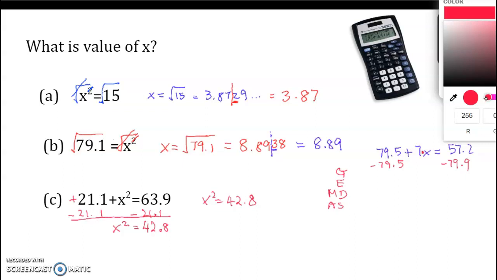How do I figure out what x is? Well, I don't want x squared, I want x. So I am going to take the square root of both sides. When I do that, squaring and square rooting cancel each other out.